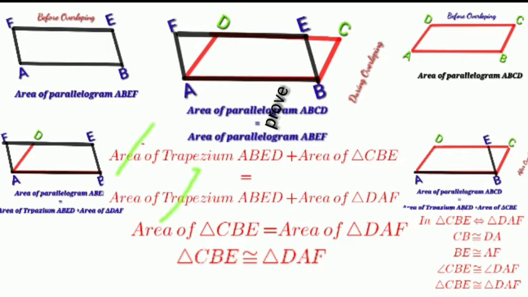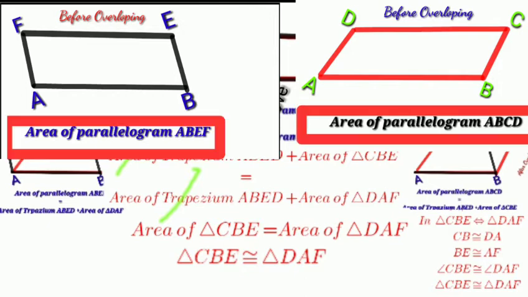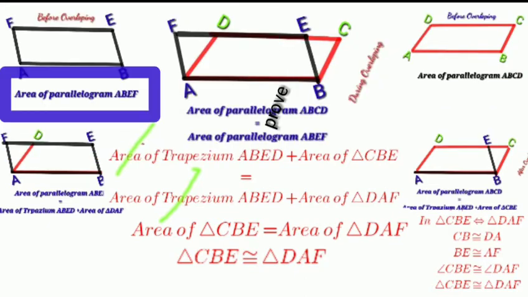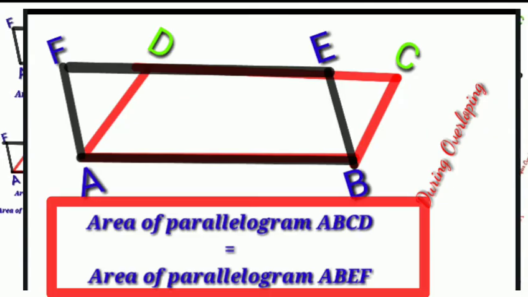Before overlapping, two parallelograms are shown with their areas. When they overlap each other, that is, on the same base, area of parallelogram ABCD is equal to area of parallelogram ABEF.